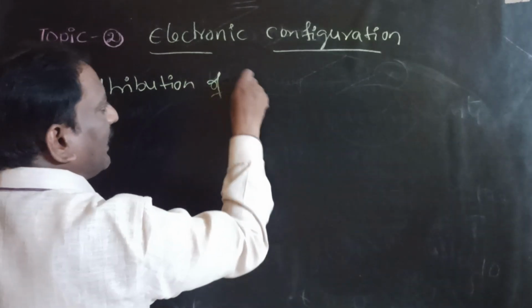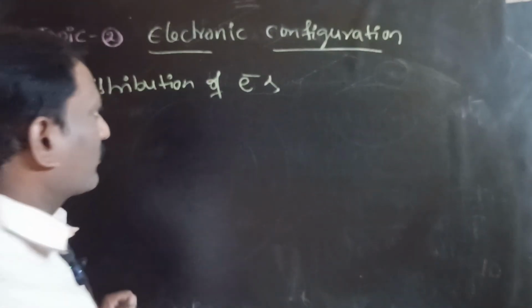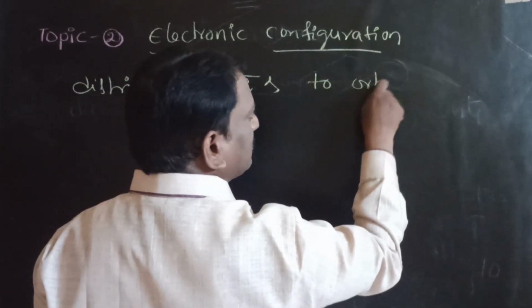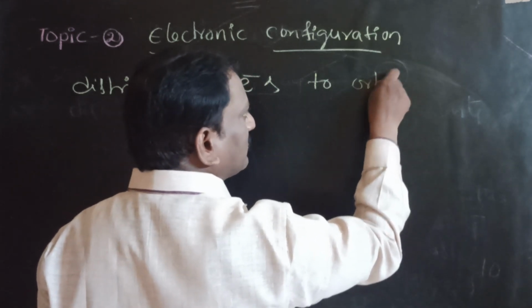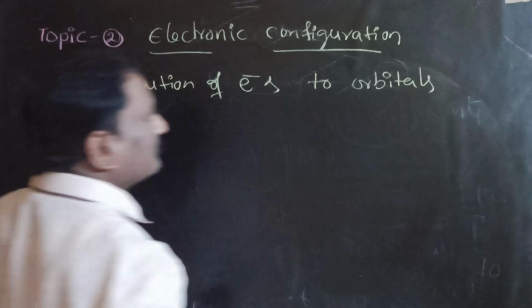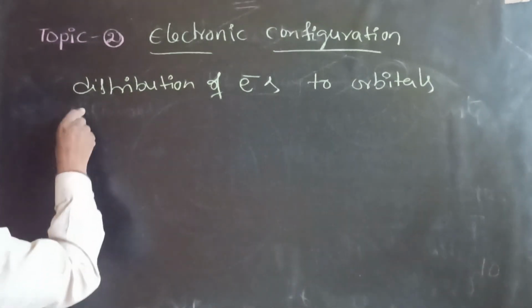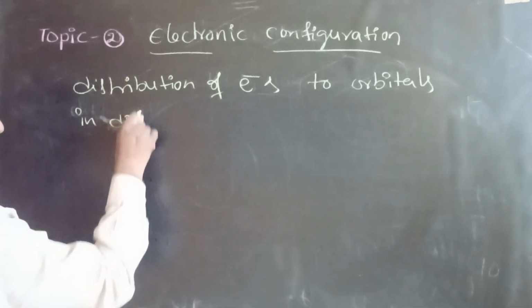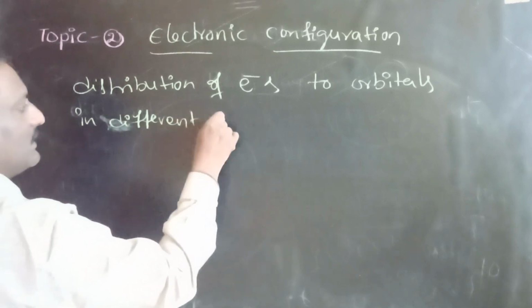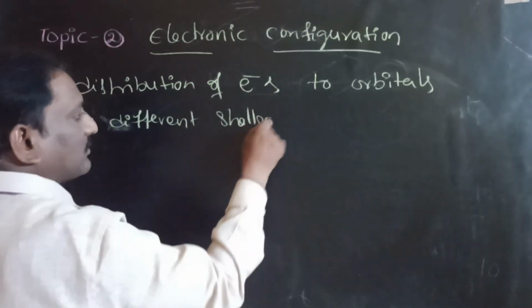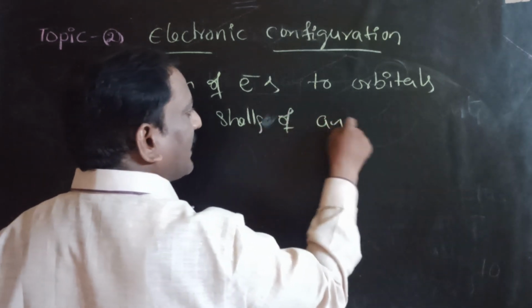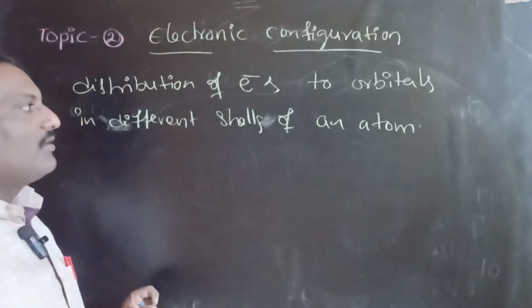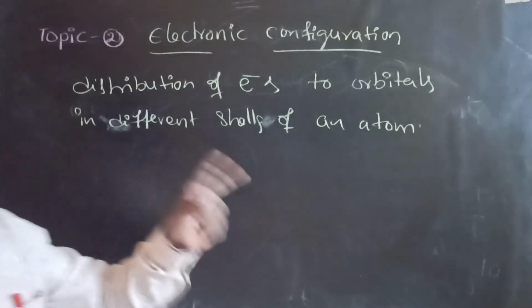distribution of electrons to the orbitals in different shells of an atom.